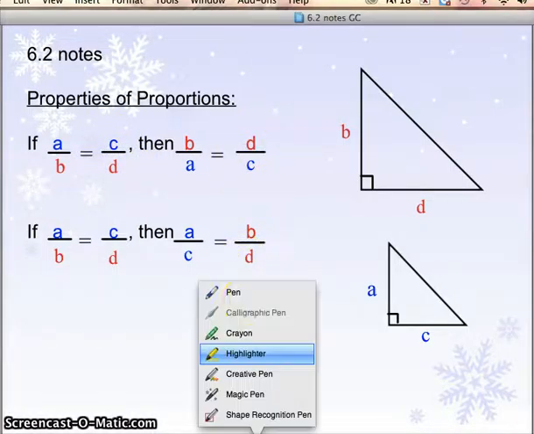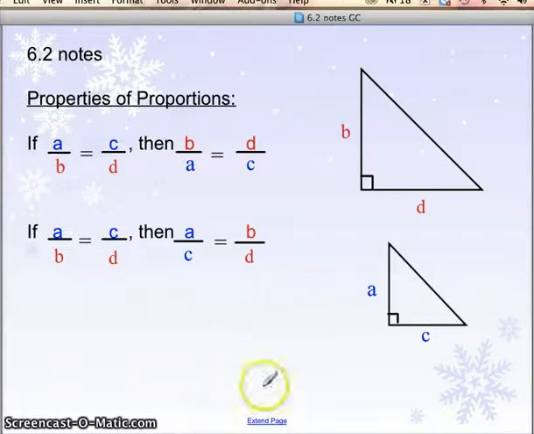Let me just show you with numbers, because sometimes when you're looking at numbers, it makes a little bit more sense. So let's assign some values to these four, but we have to make sure that whatever fractions we come up with, they actually equal one another. So let's say that A was 4 and that B is 2.